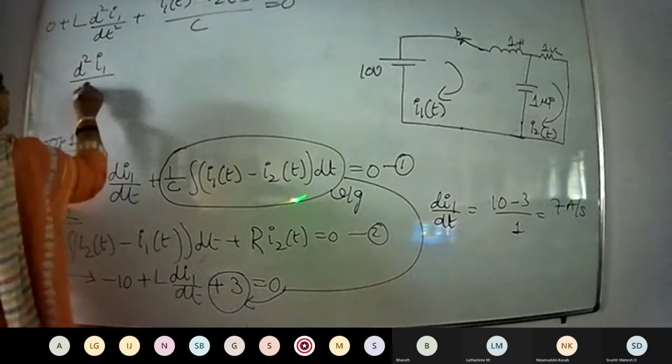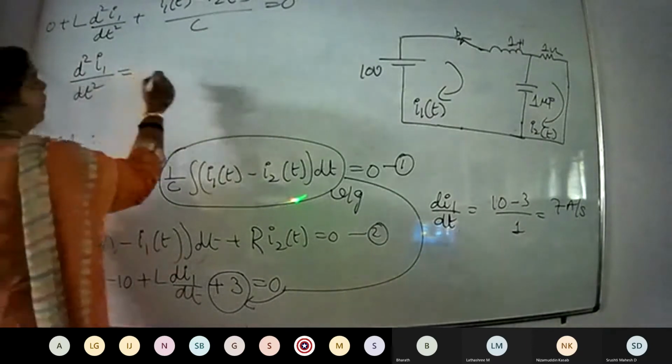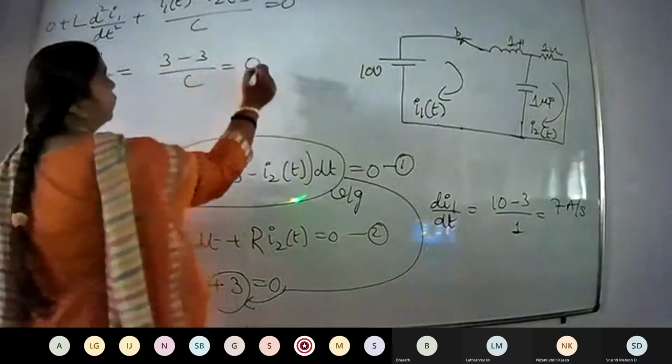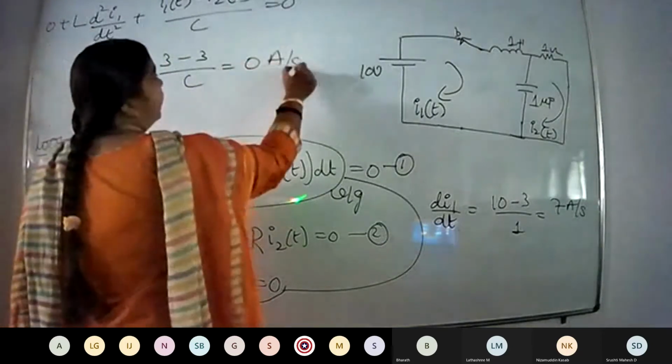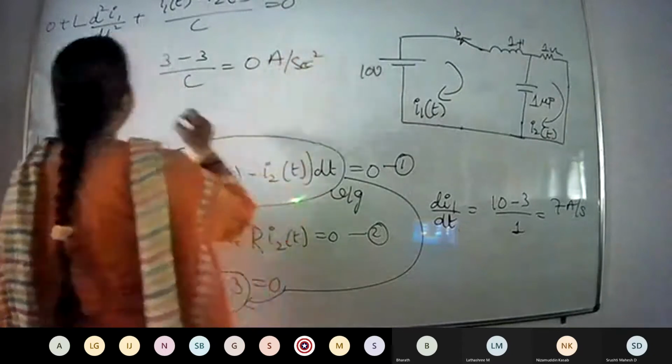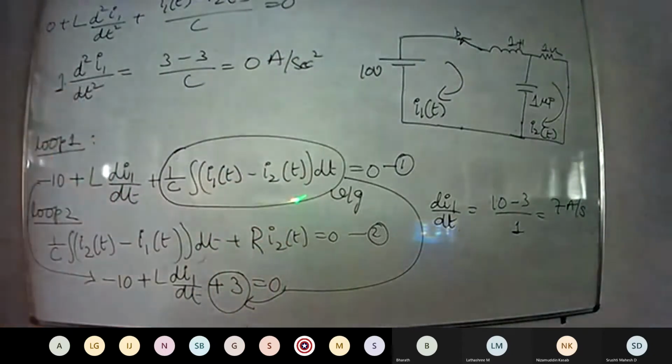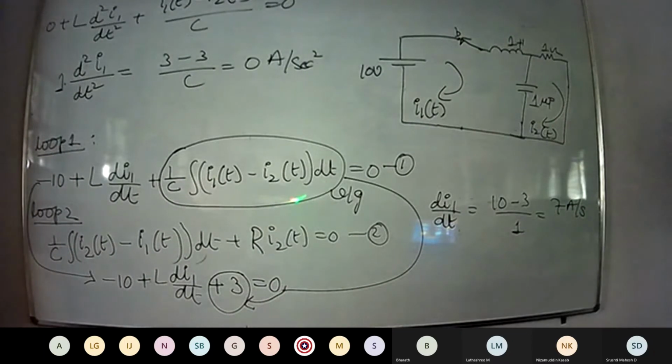So d square I1 by dt square is 3 minus 3, which is 0 ampere per second square, with inductor L being 1. So we got current I1 and its derivatives, and that is all for equation 1.